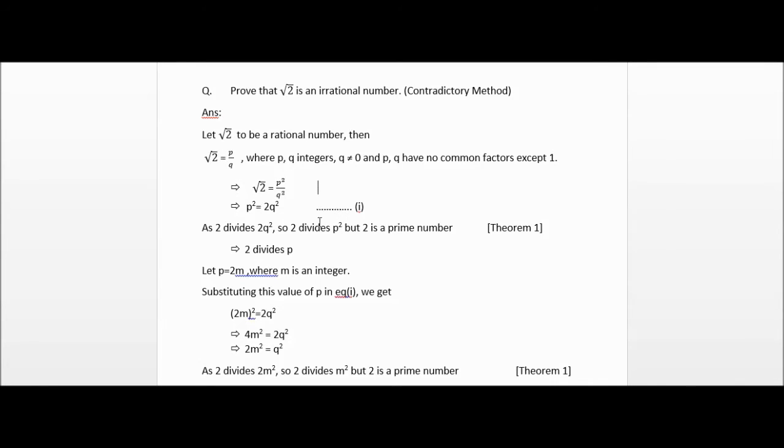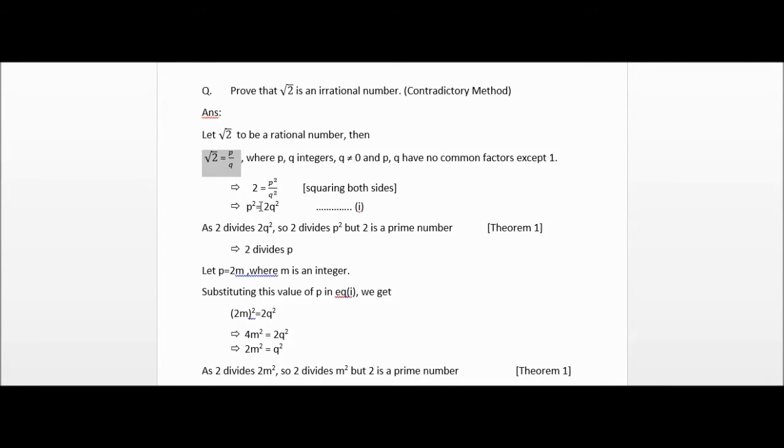So now we are squaring both sides. We get this line from the previous line by squaring both sides.